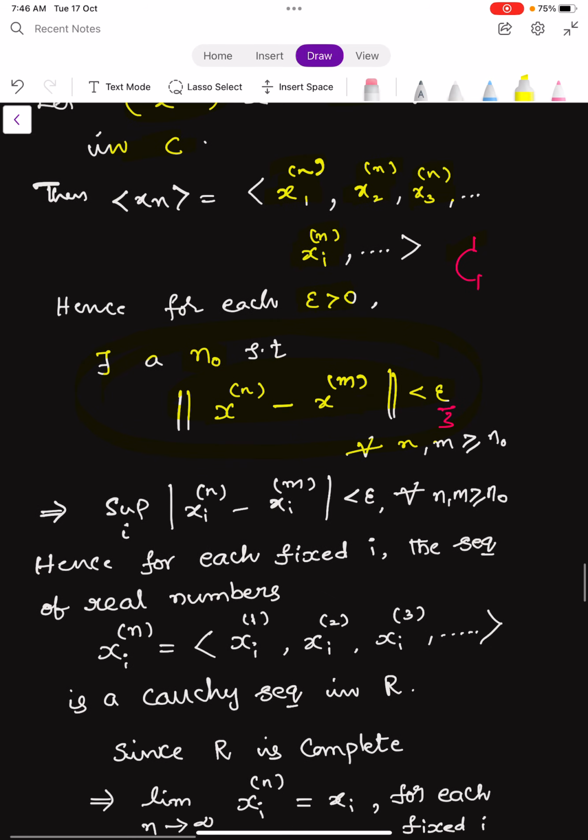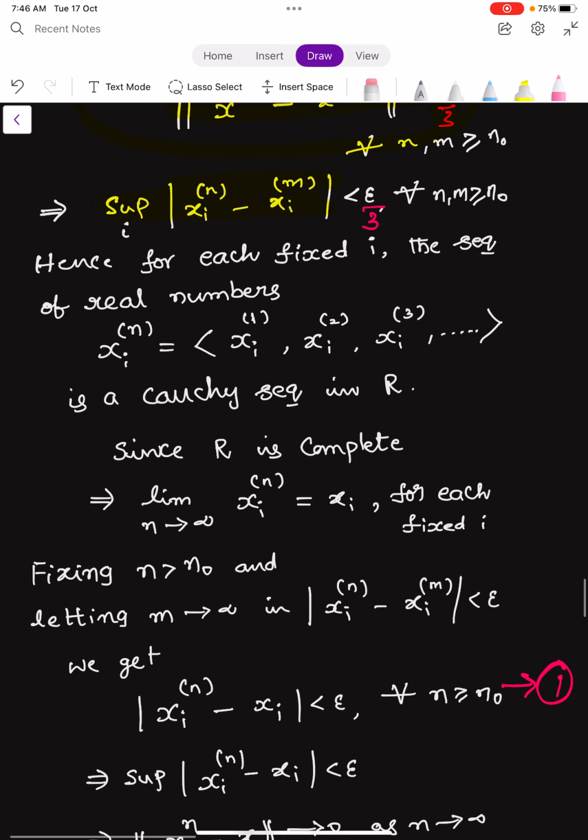So norm x power n minus x power m less than epsilon by 3 means, by the definition of norm, the supremum over i of |xi power n minus xi power m| is less than epsilon by 3, by applying the definition of the norm in this example.